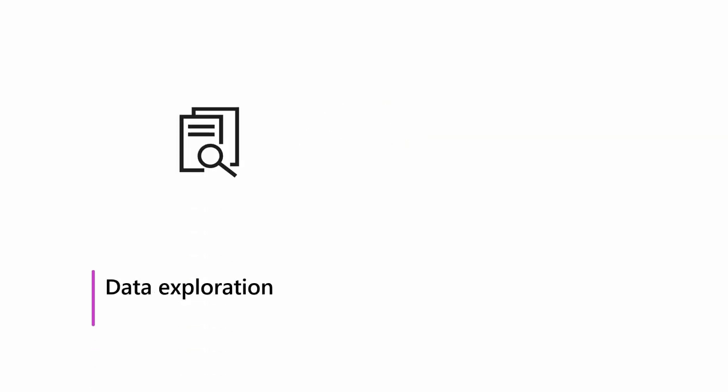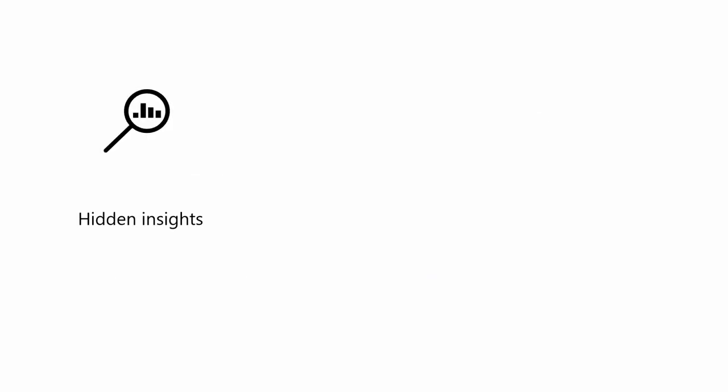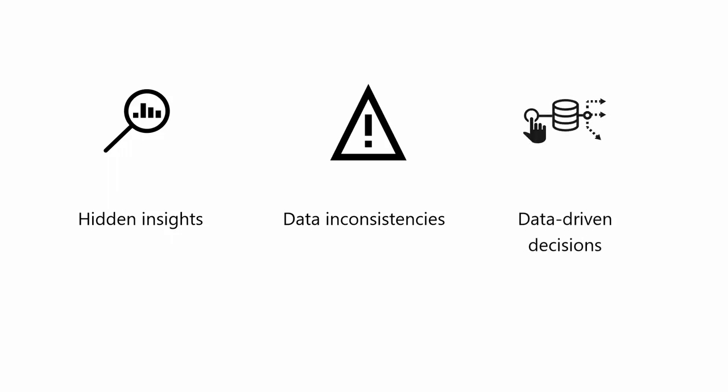Additionally, data profiling facilitates effective data exploration and visualization by providing insights into data patterns, relationships, and trends. It empowers users to discover hidden insights, uncover data inconsistencies, and make data-driven decisions with confidence.